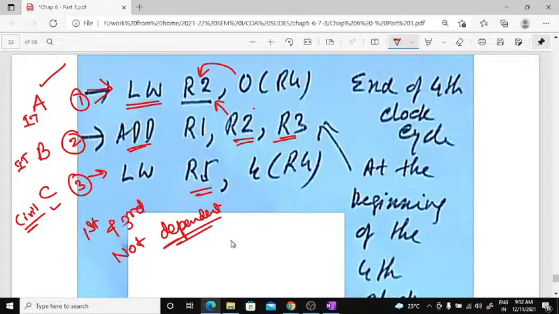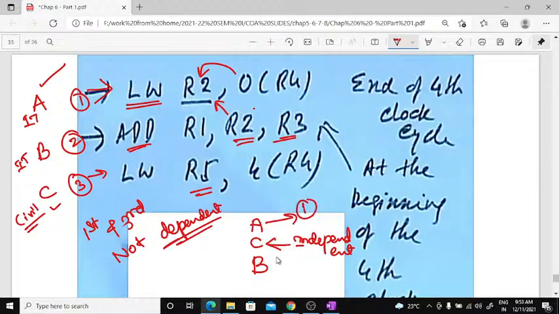So here what do we do? The compiler will arrange. It will rearrange the instructions and add the independent instruction in between. The compiler will add the independent instruction to avoid the stall. The first instruction is there because it is independent.